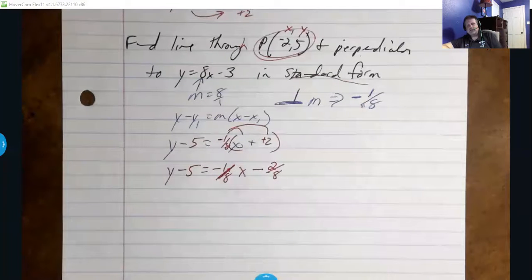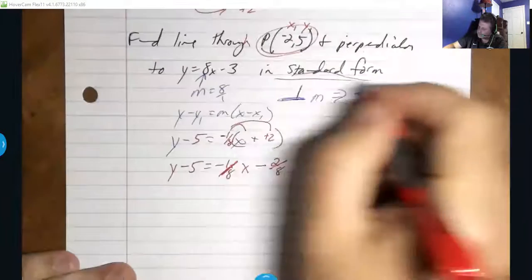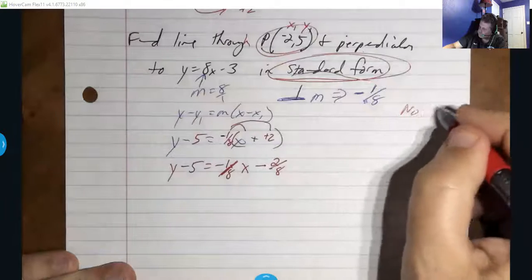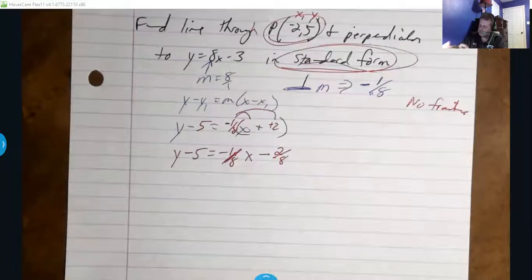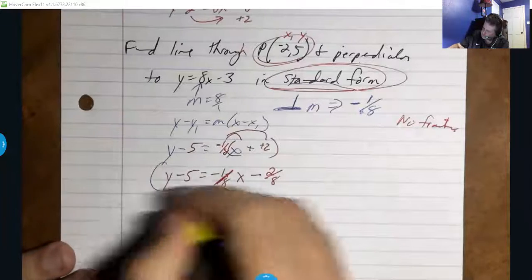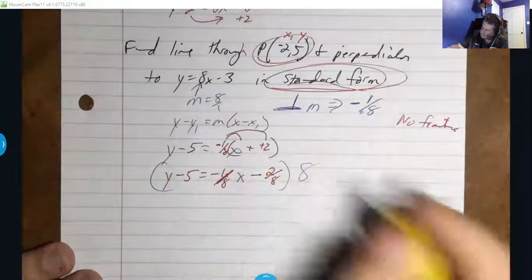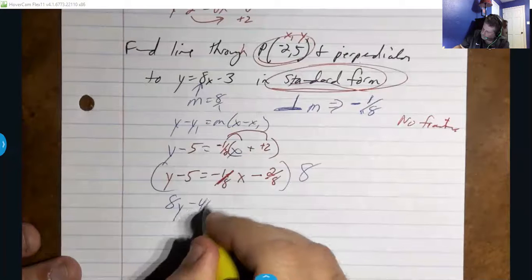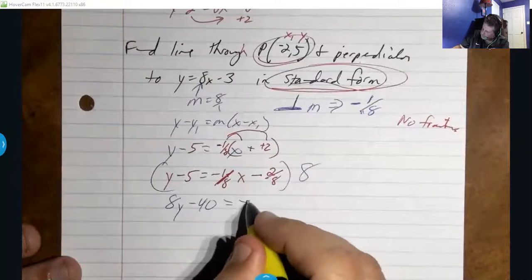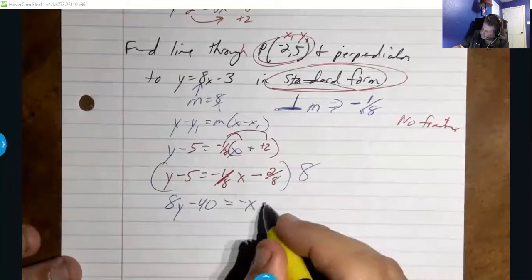Now, if you look, I could reduce that. However, I'm not going to reduce it. And that's because we're going to put things in standard form, which means no fractions. So we're going to get rid of fractions right away. And by not reducing it, all I have to do is multiply everything by 8. So we're going to get 8y minus 40 is equal to negative x minus 2.